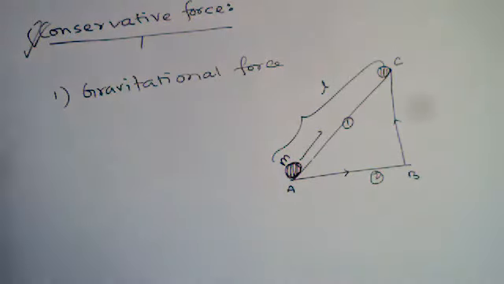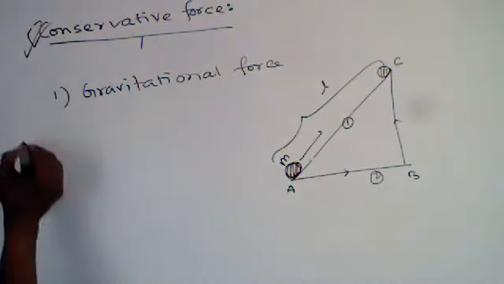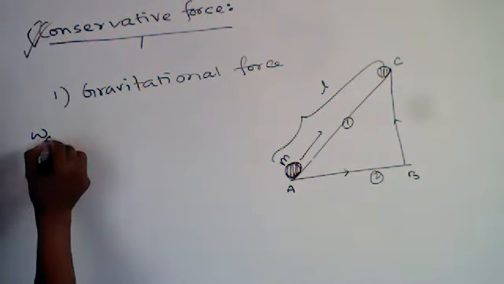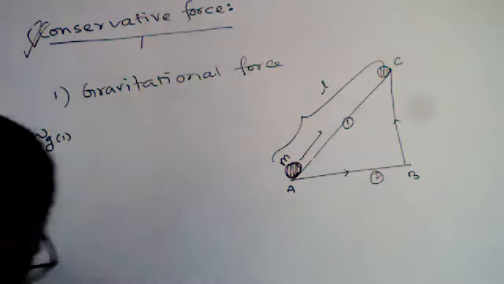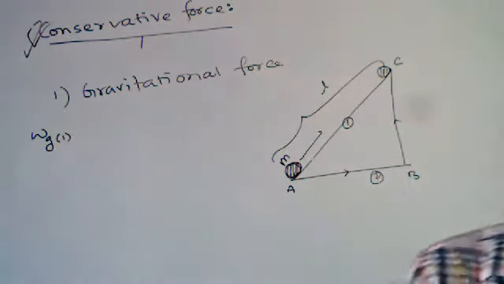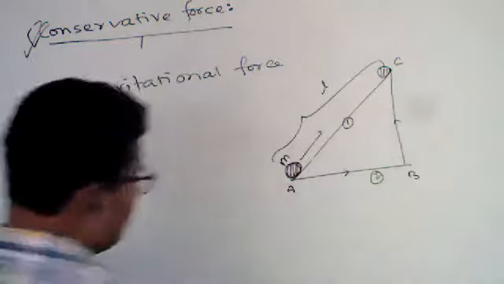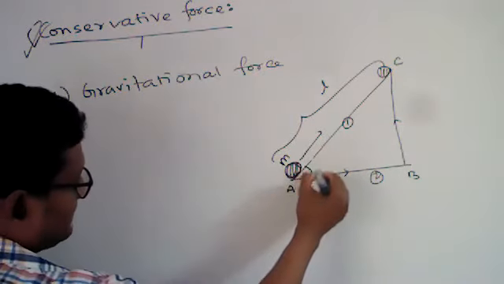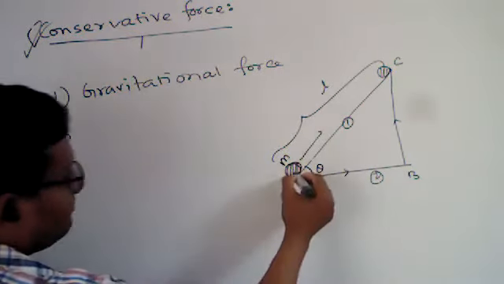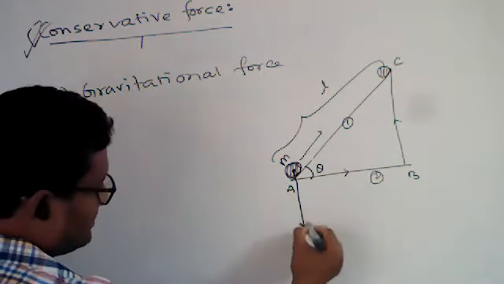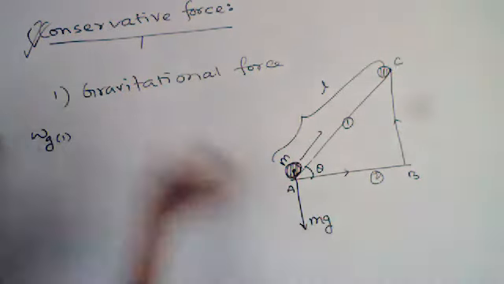Come on. For path number 1, work done by gravitational force. Suppose this angle is theta. For this mass, the gravitational force acts in this direction.